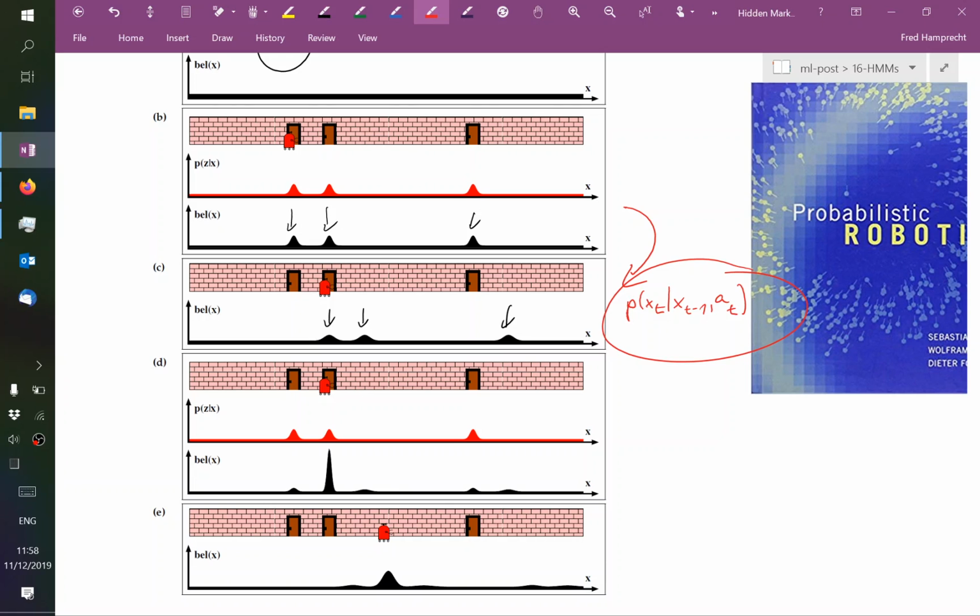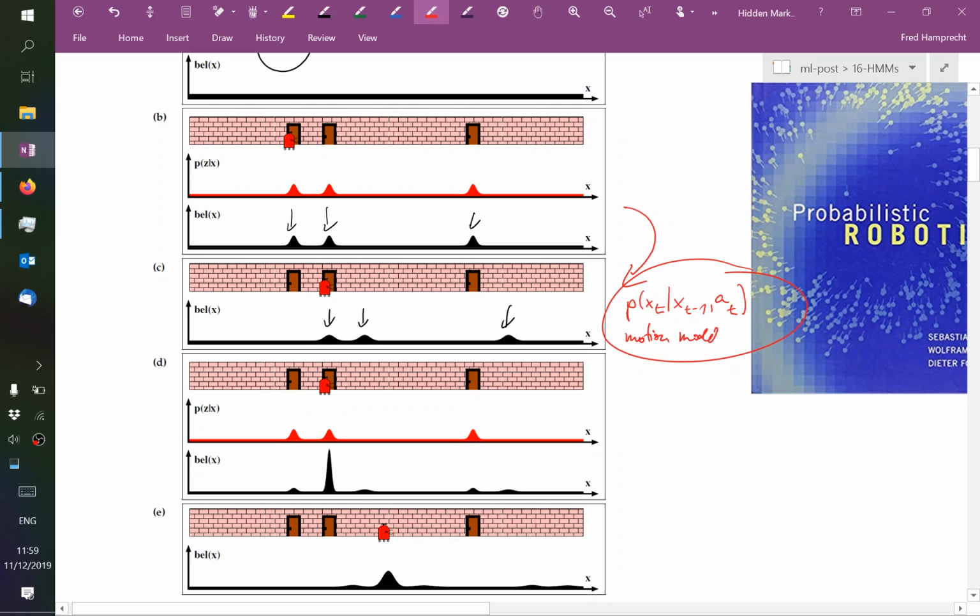Exactly. That's why they're broadening, because the movement isn't exactly 1 centimeter, but maybe 1.1 or 1.9. And it's also, of course, dependent on where you were before, because if you move 1 centimeter to the right, it depends on where you were before. Exactly. Yeah, very good. And for applications like this one, this would be called the motion model.